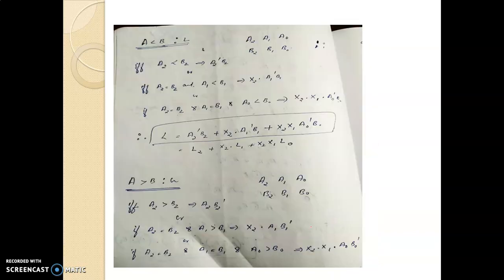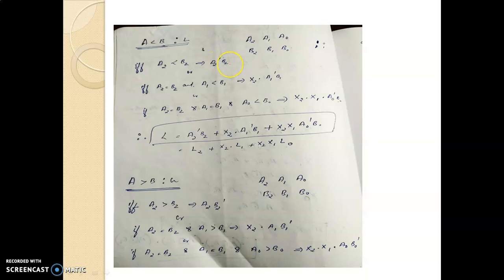Now when can you say that A is less than B? A is less than B when your MSB bit of A, A2, has to be less than B2. That is the first condition. How will you represent A2 less than B2? A2 bar B2, because A2 has to be 0.